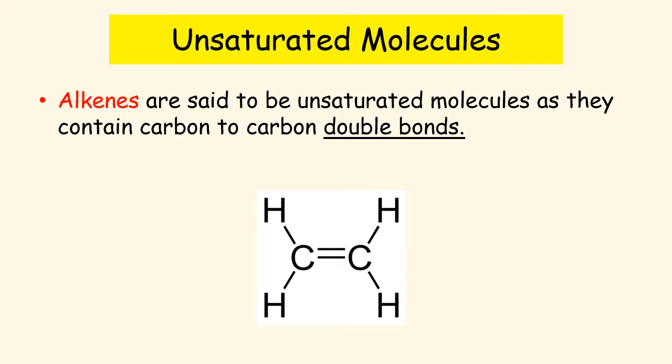Now, if you have lots of double bonds in a structure, you would be called polyunsaturated. And polyunsaturated is a word often used to describe things like margarines. And that just means that that margarine is made of molecules that contain lots of these double bonds in them.